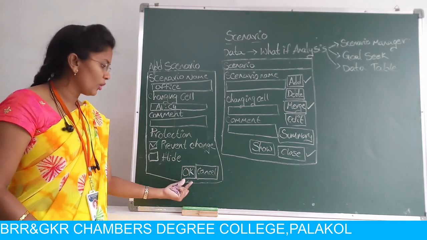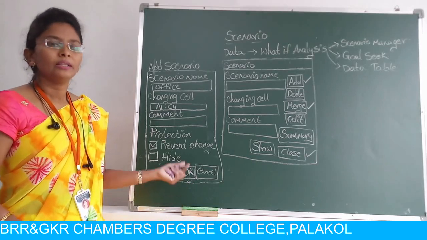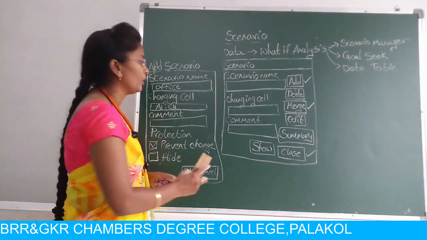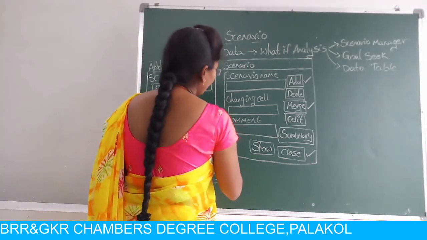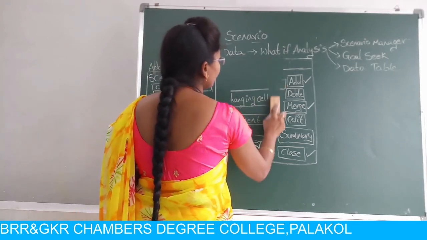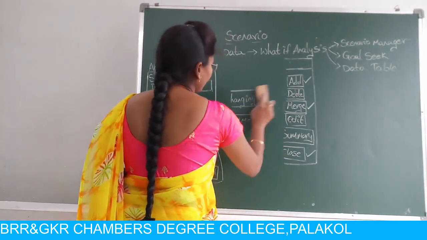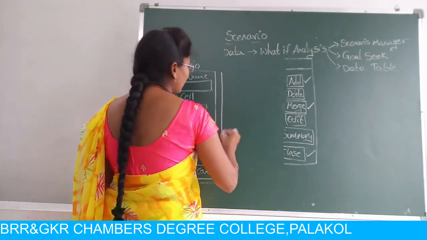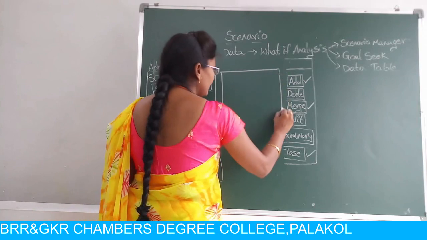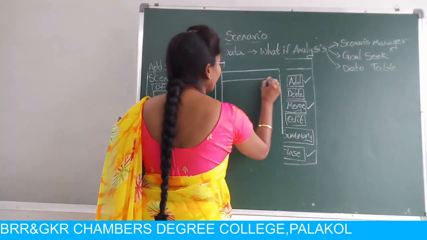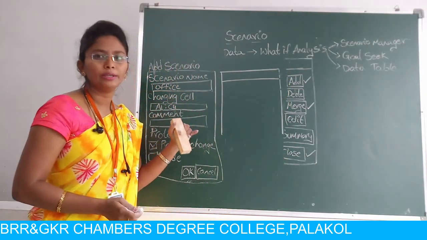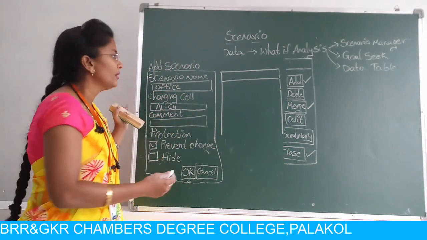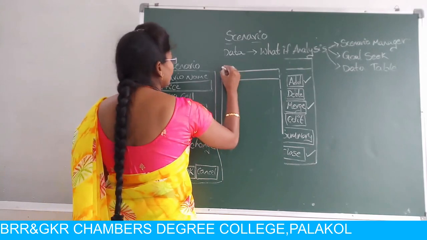Then the next dialog box will appear, that is the scenario values dialog box. In this scenario values dialog box, you can see the values here. Whatever values you enter will be displayed in this dialog box.